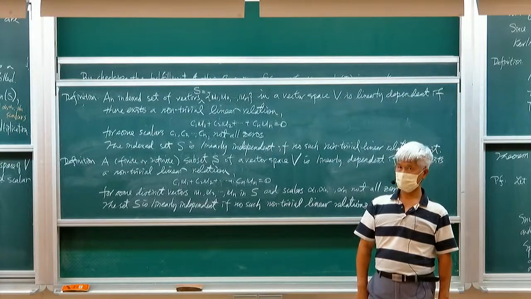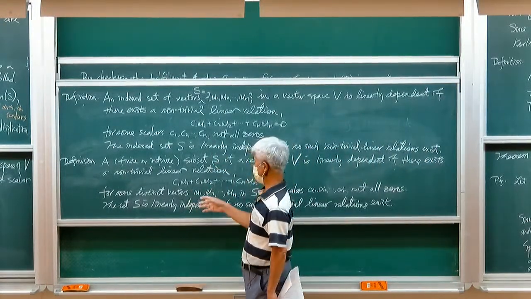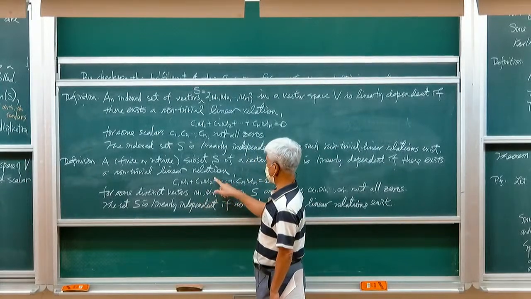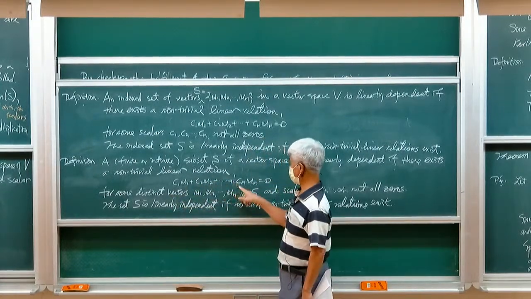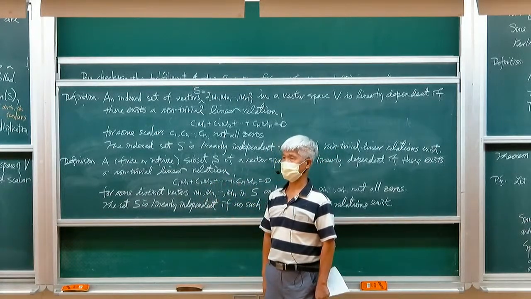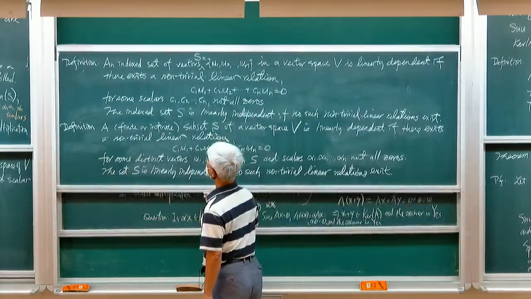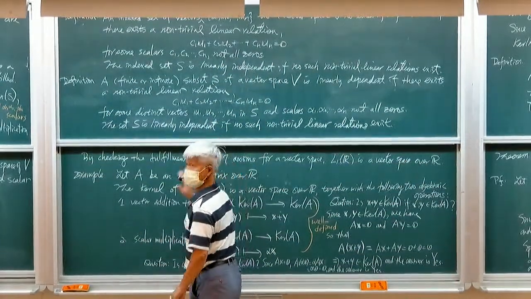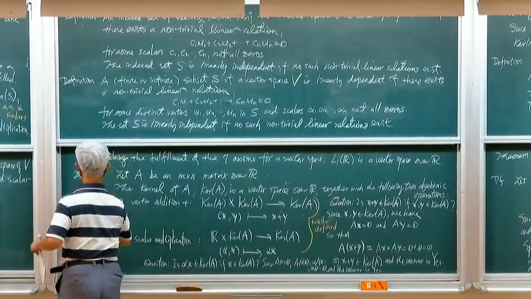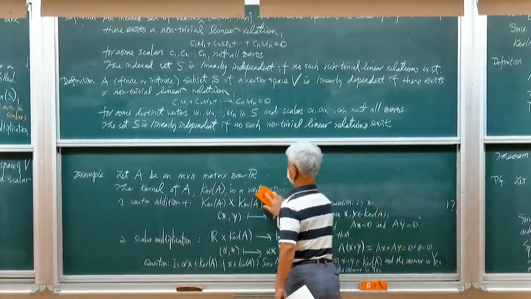So even if X is infinite, a linear relation should be selected from just a finite number of distinct vectors. All right, so this is about dependence.